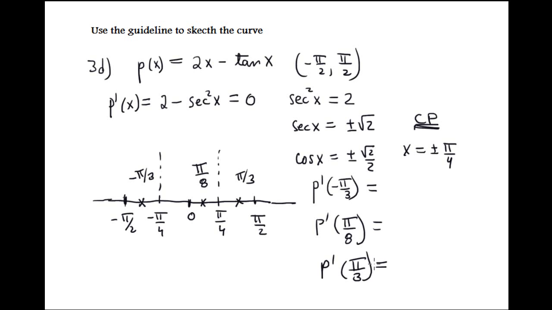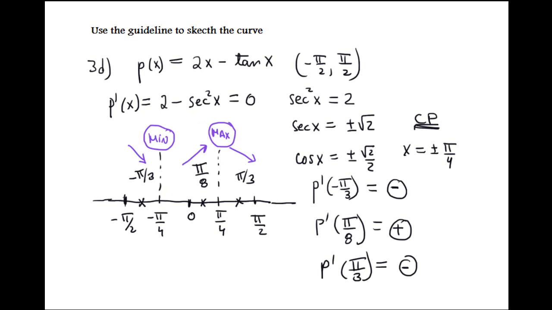So you evaluate, and the answer here is negative, here is positive, and here is negative. Therefore, this is decreasing, this is increasing, and this is decreasing. So this is a local minimum, and this is a local maximum.